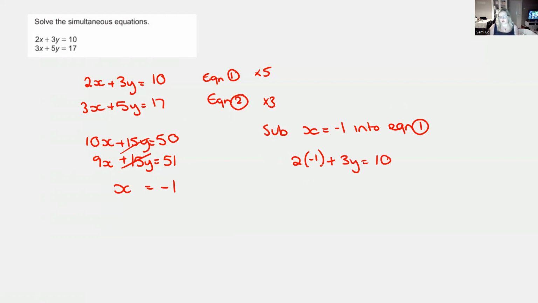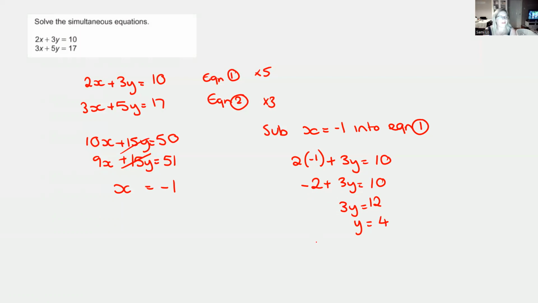Make sure you're laying it out so the examiner can see that you are subbing in, because you actually get a mark as soon as you've subbed in. So -2 plus 3y equals 10. That means 3y has to be equal to 12, because we add 2 onto both to cancel out the -2. So y has to be 4.